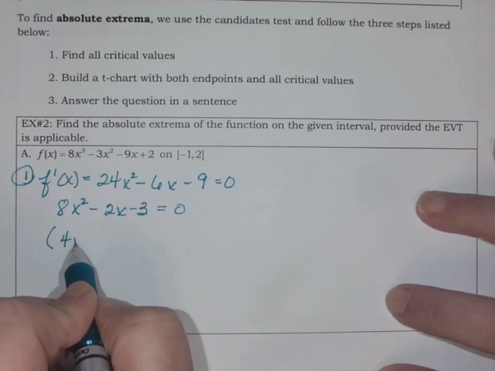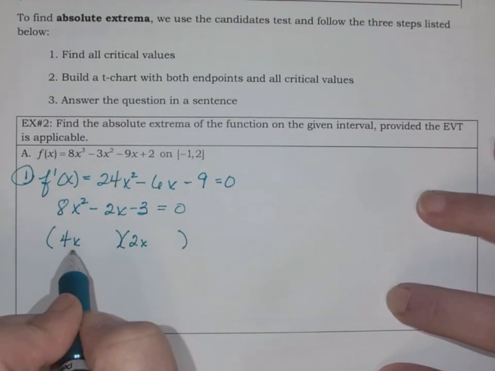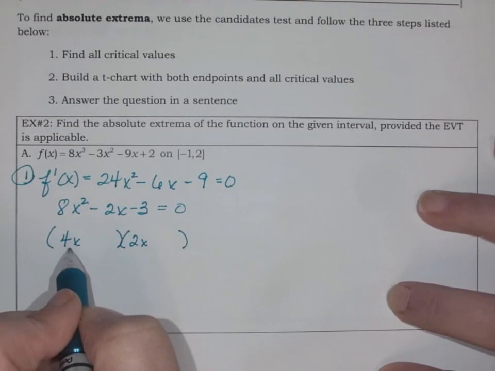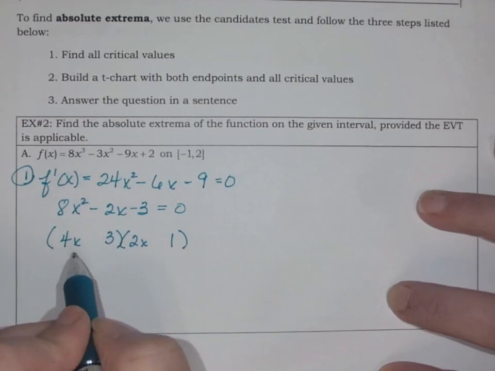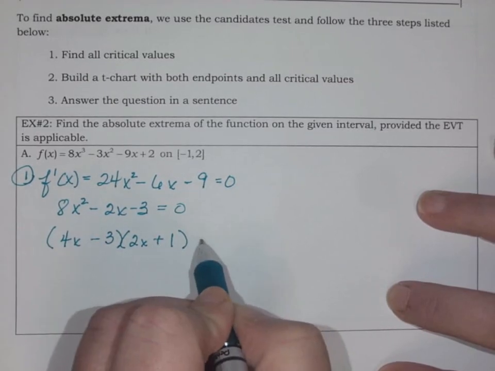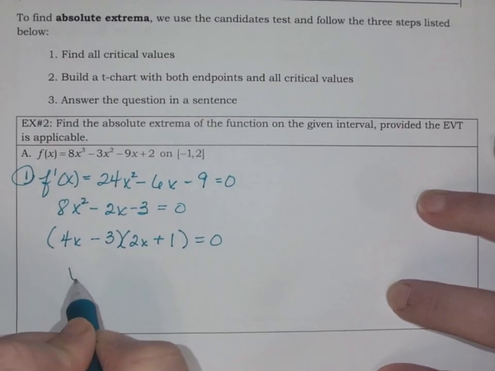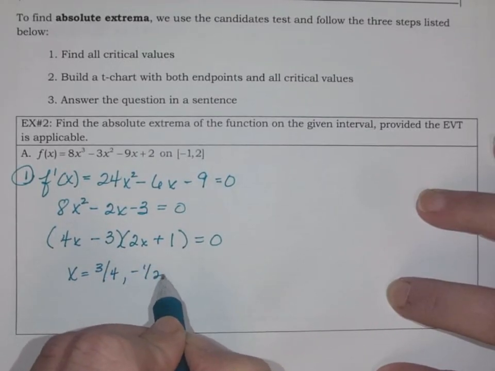So I think that's going to be 4 and 2. So 4 and 2, and then I got to put a 3 in there. So I need a 3 here and a 1 there. And then I need a minus 6 and a plus 4. There we go. All right, so that means my critical values are 3/4 and -1/2.